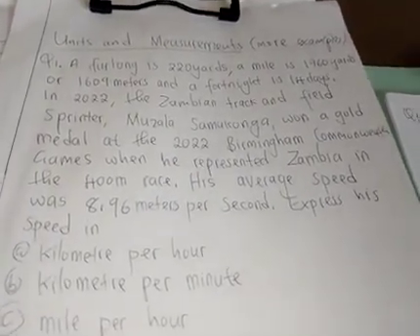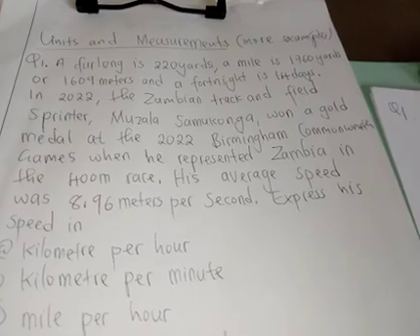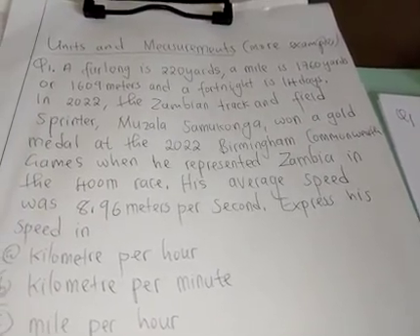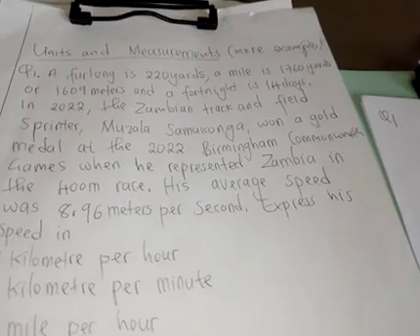Question 1: a furlong is 220 yards, a mile is 1760 yards or 1609 meters, and a fortnight is 14 days. Those are conversion factors which have been given.